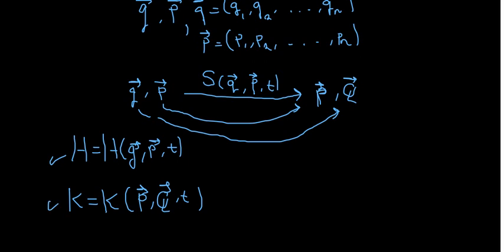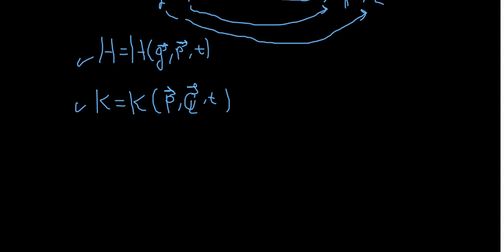Okay. Now I wanna relate the old Hamiltonian to the new Hamiltonian in just one single equation. I'm just gonna pull this out of my hat. I'm not gonna give you exactly the reasons why this equation is right, but you need to know it because it's really important.